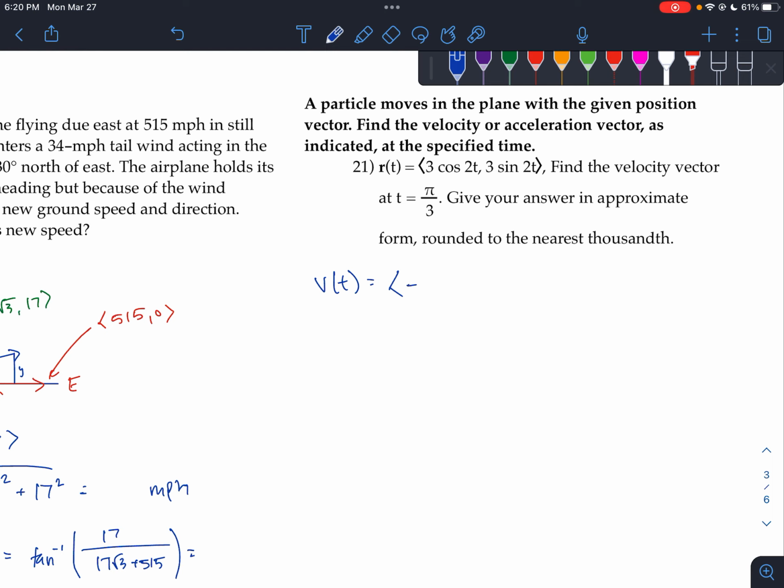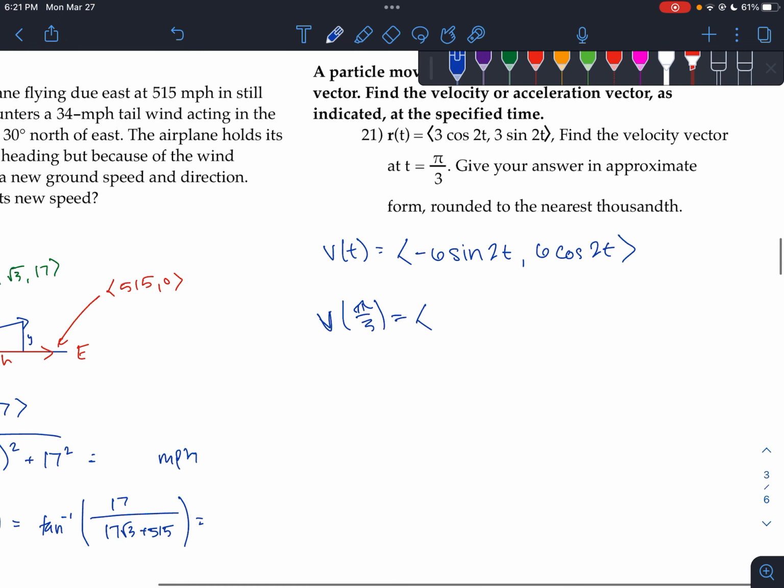So I think this is going to be negative 6 sine of 2t, and then this is going to be 6 cosine of 2t. And then the velocity vector at t equals pi thirds is going to be equal to negative 6 sine of 2 pi thirds, and then 6 cosine of 2 pi thirds.